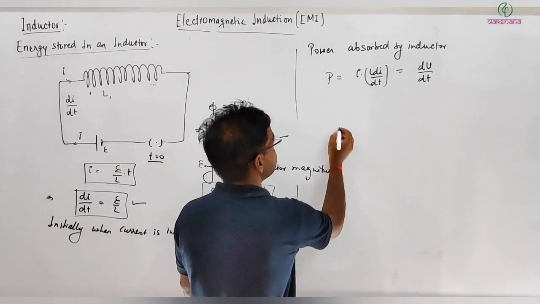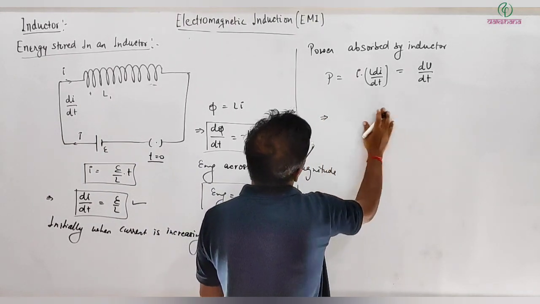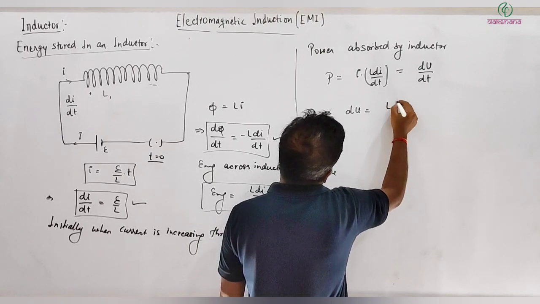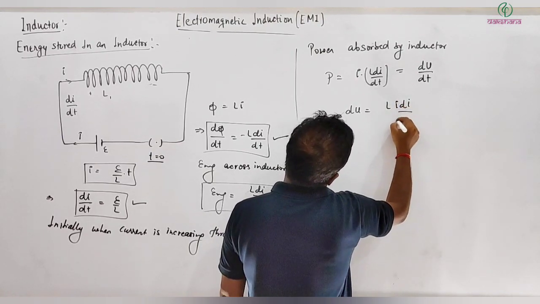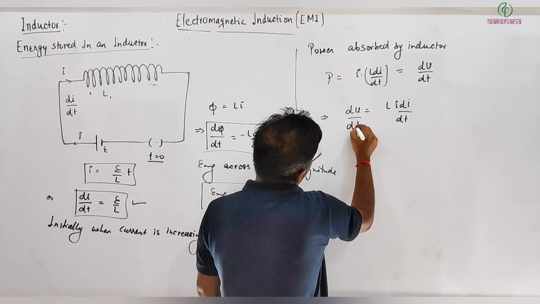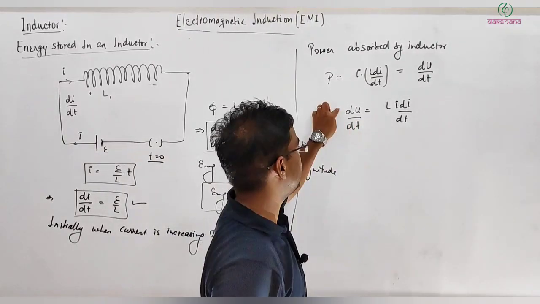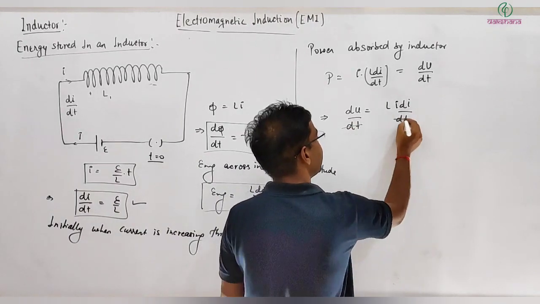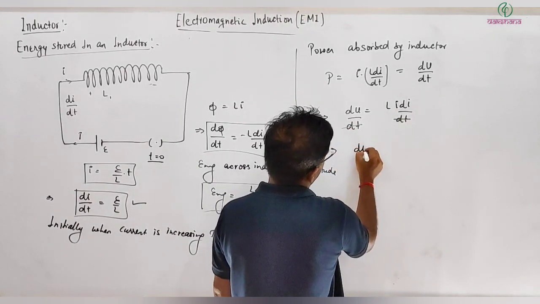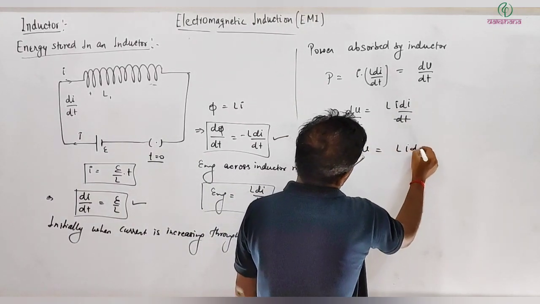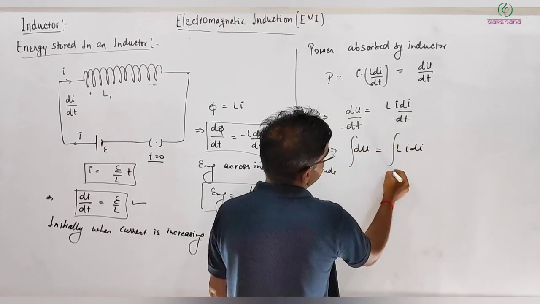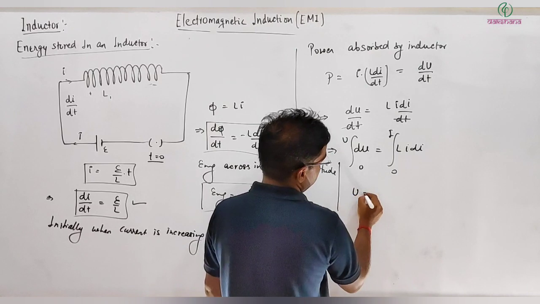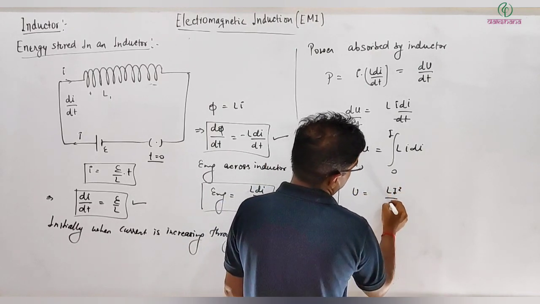Clear? This is equal to, I can write du equal to L I di by dt. U means energy, so the rate at which energy is changing is the power, energy stored. This implies du equal to L I di. I can integrate it from 0 to I, and 0 to U, and solving we get U is equal to L I square by 2.